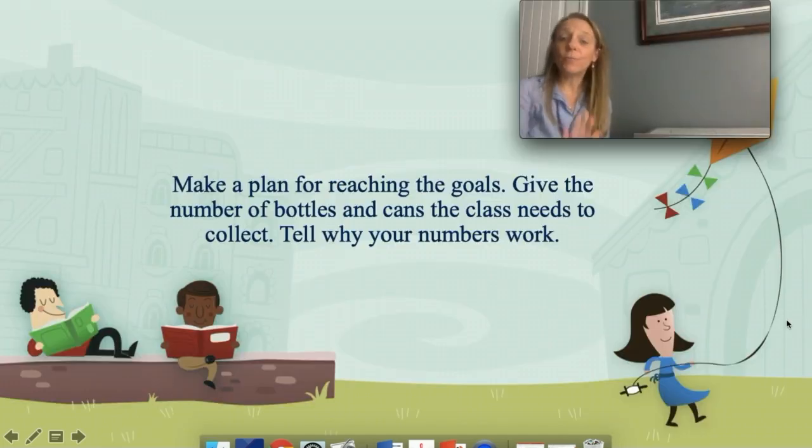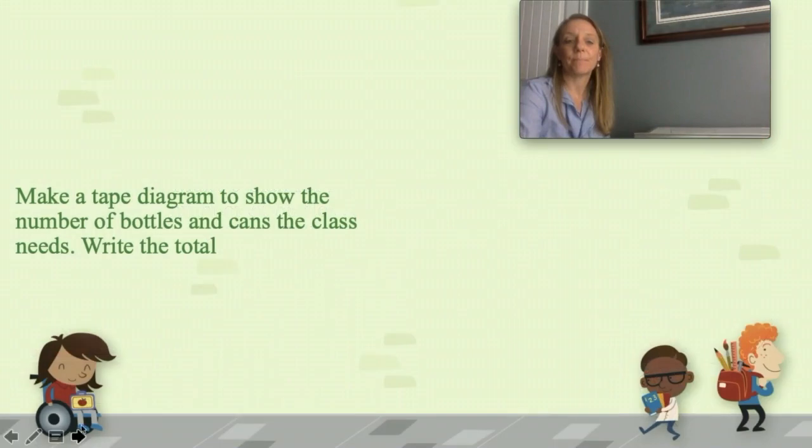So if you have your papers with you, or if you're looking at them on the computer, here's what this says. First of all, it gives us our directions that says make a plan for reaching the goals. So you have to plan it out. Give the number of bottles and cans the class needs to collect. Tell why your numbers work. So it gives you some options.